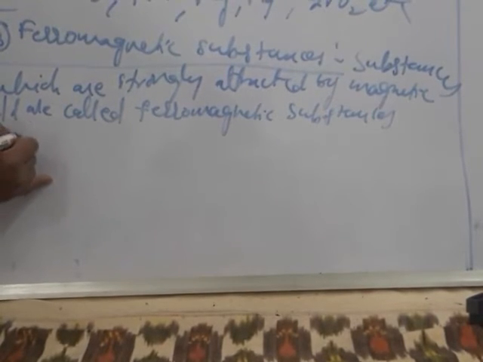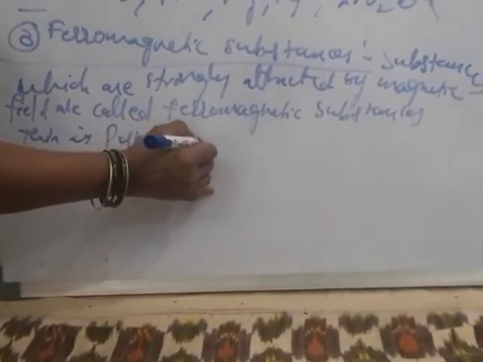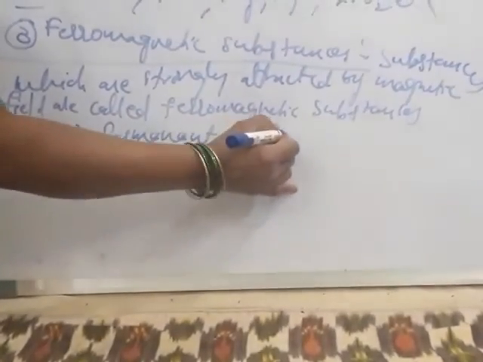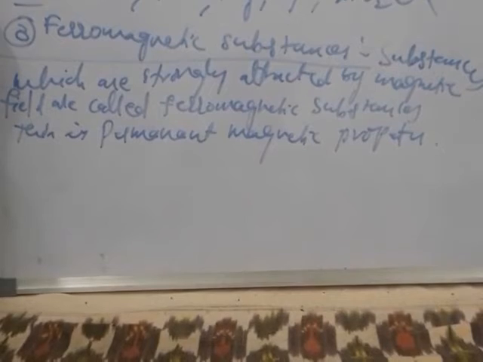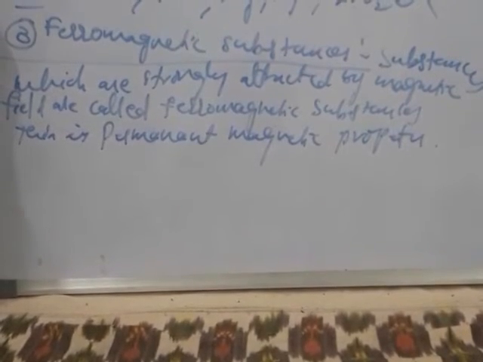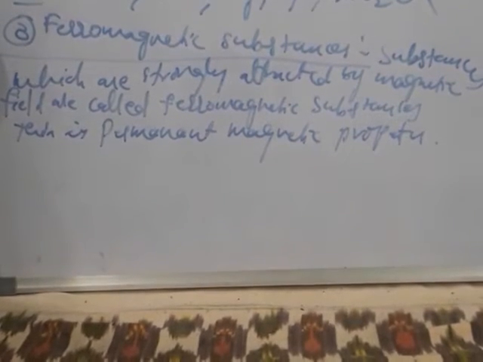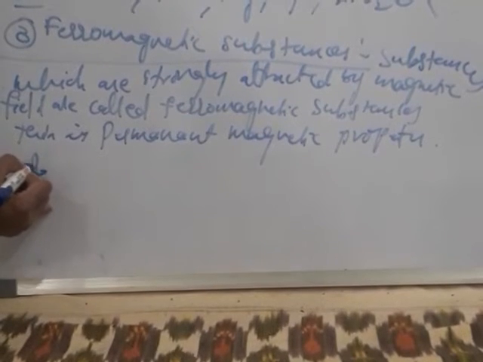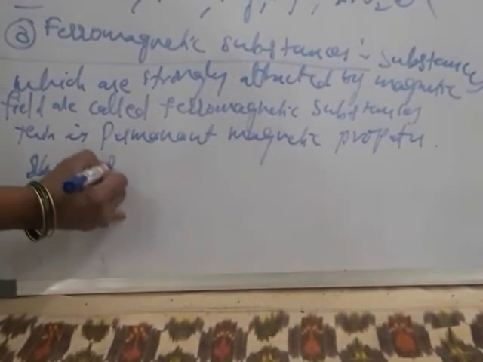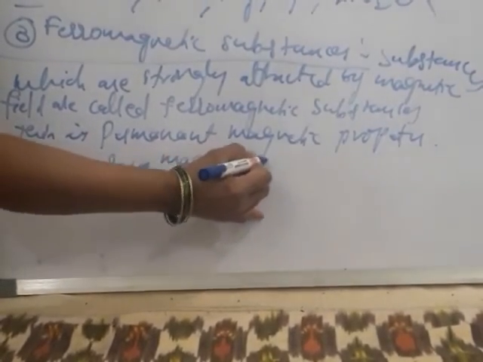So this is a permanent magnetic property. They show magnetism under the influence of magnetic field and also in the absence of magnetic field. So they show large magnetic moment.